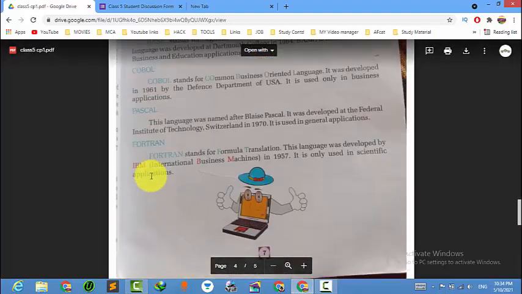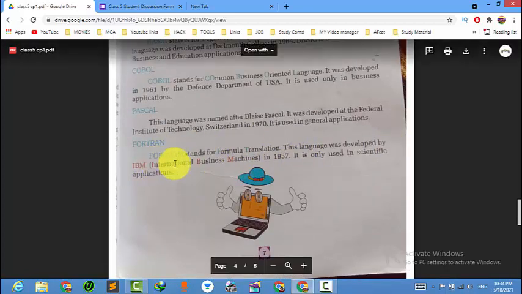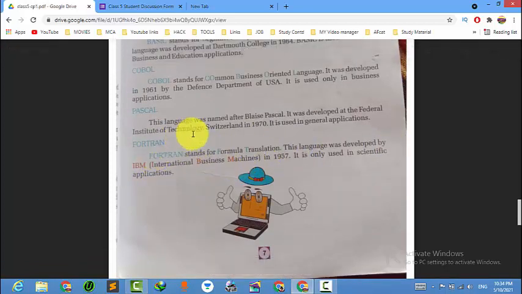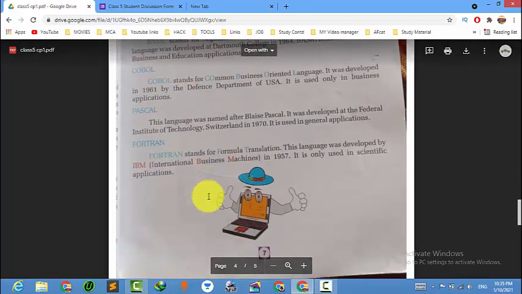Fortran was developed by IBM, International Business Machines. Nowadays C Sharp, Python, Flutter, these kinds of languages are used. Those older languages have vanished; no one knows or uses them. So there are more high level and advanced languages.